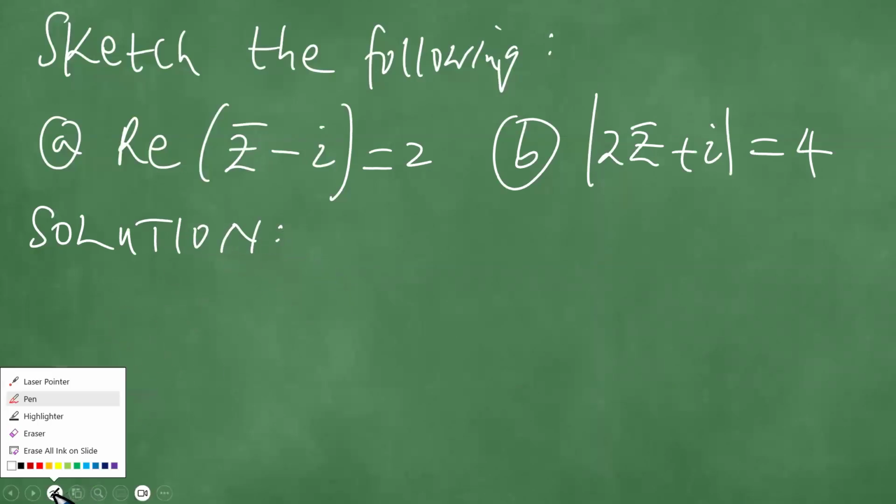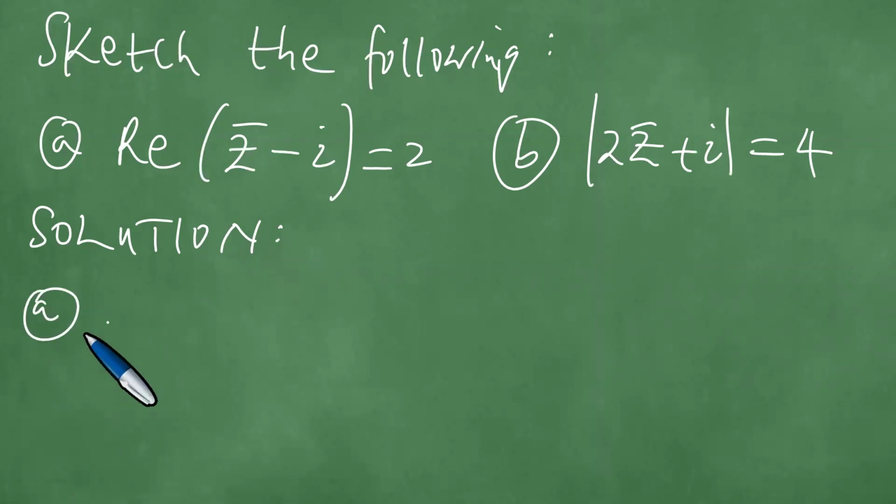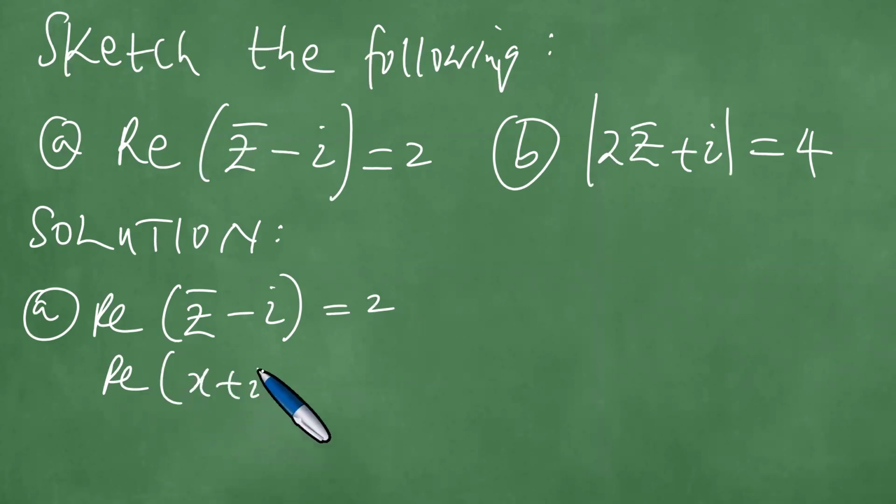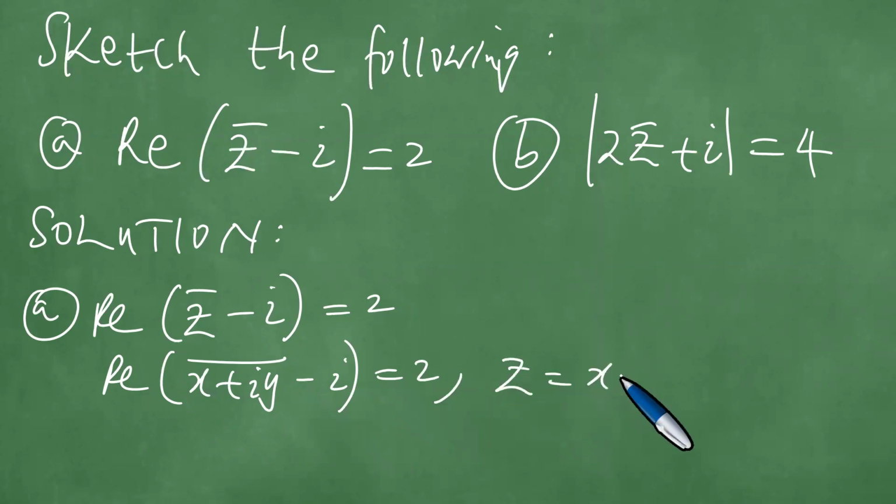So in other words, we have the real part of z bar minus i equals 2. In mathematics, wherever there is z, we have a tendency of putting x plus iy. So we understand that z is x plus iy, and z bar is x minus iy.